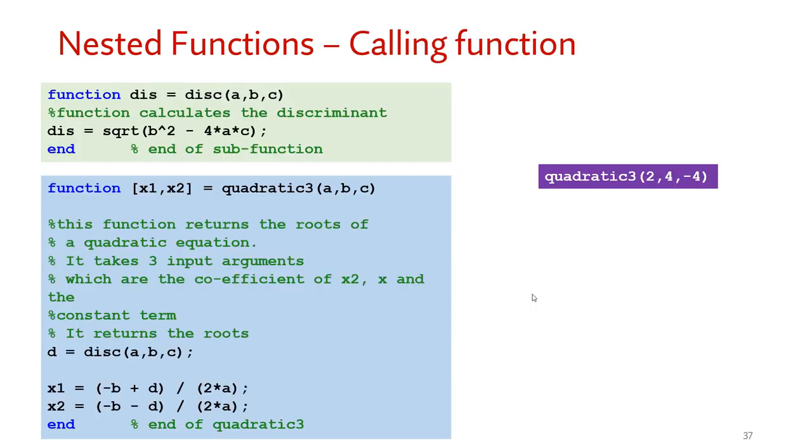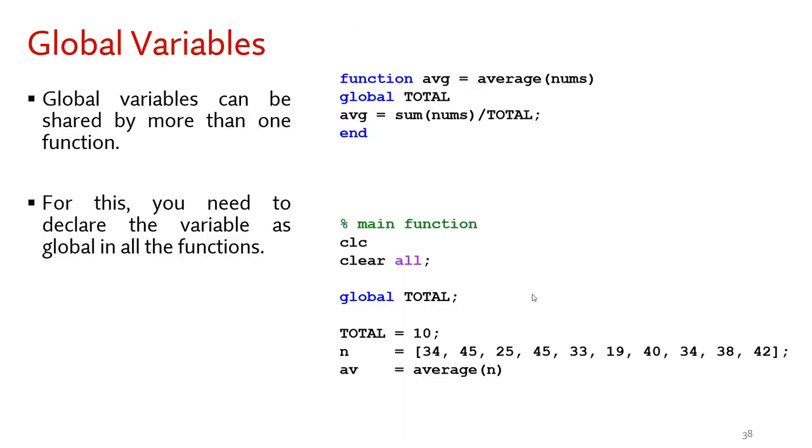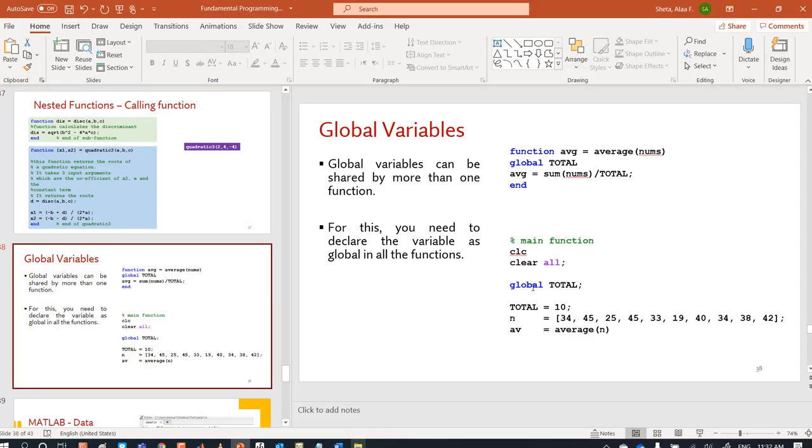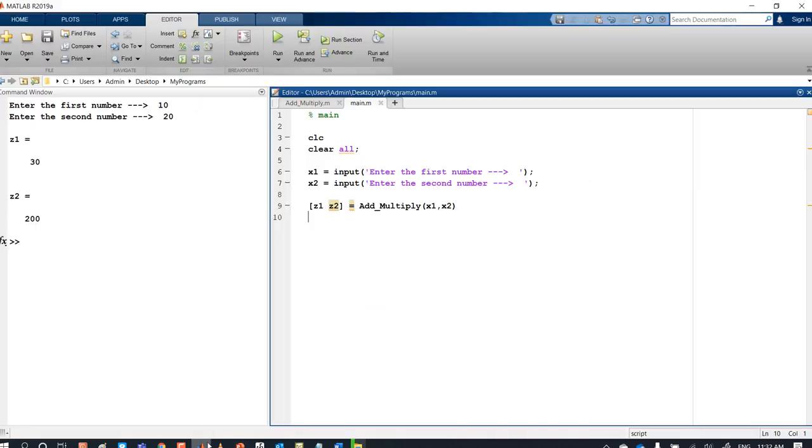So here you are calling a function from a function, and global variables. Global variable is a very interesting thing that you can do. Let me show you how we can do this here. Now, x1 and x2 are variables. Let me return these as a and b, all right?